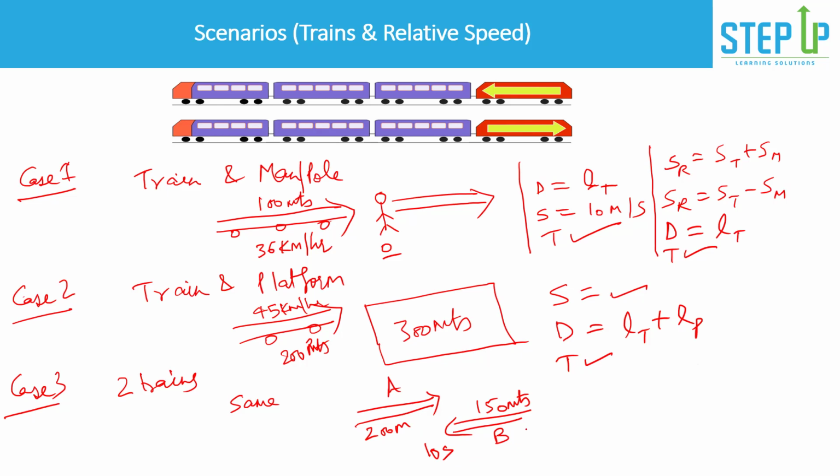And the speed of, let's say, this train is given as 18 meters per second. They may ask you, can you tell me what is the speed of this train?